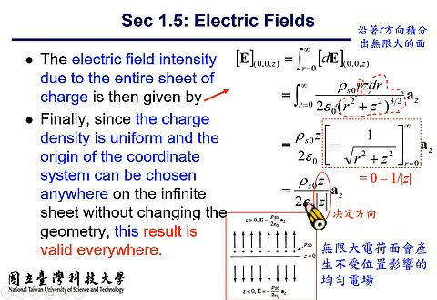So z over the magnitude of z gives you either 1 or minus 1, depending on the polarity of z. If z is a positive number, this is a positive sign, which means the electrical field is pointing upwards if z is greater than 0.